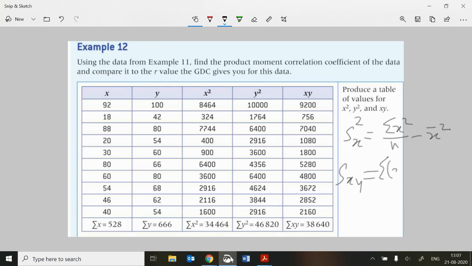I wrote it down as x minus x bar, y minus y bar, all over n. We don't need a square on there, in fact, and we don't need to square root this. This SxY is just this.